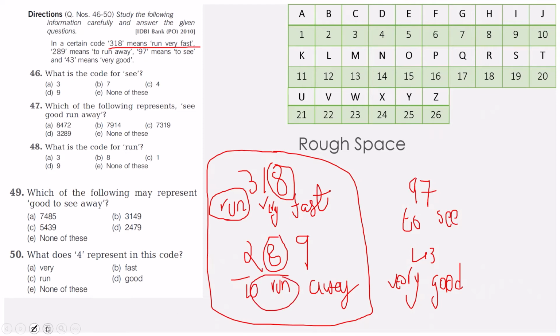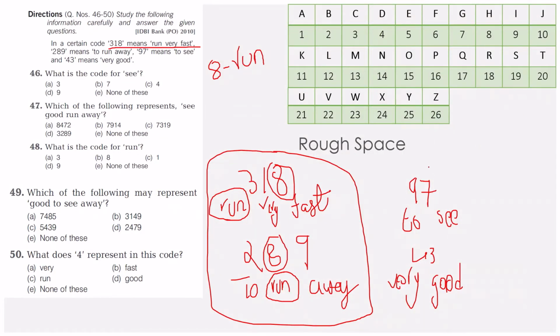So don't justify by the positions of the sentences and the numbers. They may shuffle. So 8 is for run. That's for sure. We've got the first one.